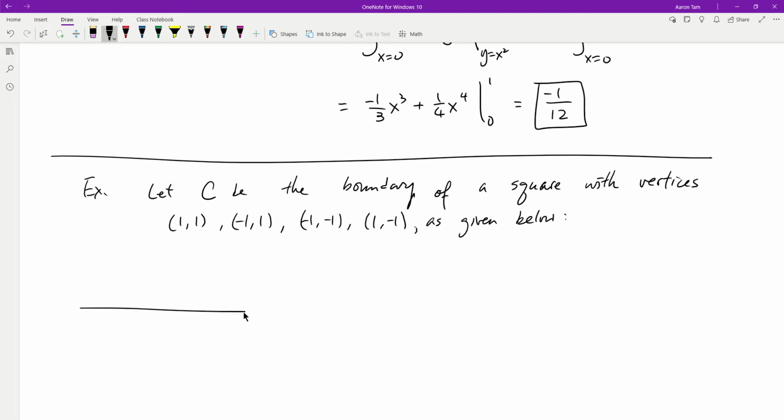So here's what C looks like. Here's (1, 1). Here's the point (negative 1, 1). Here's the point (negative 1, negative 1). And here's the point (1, negative 1). And then C will look something like this.